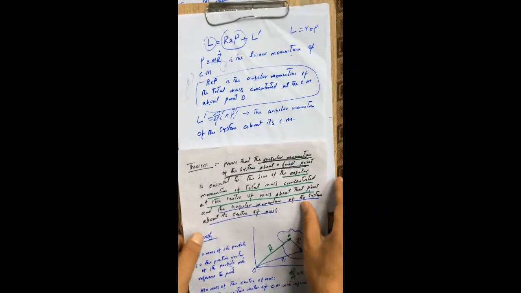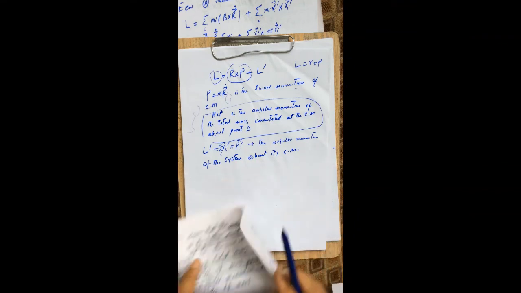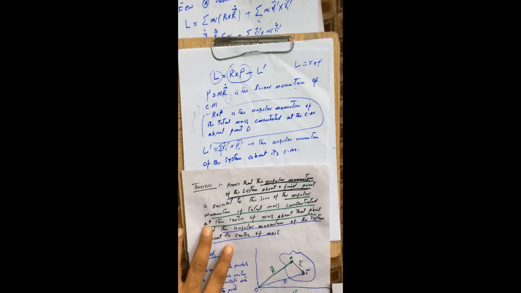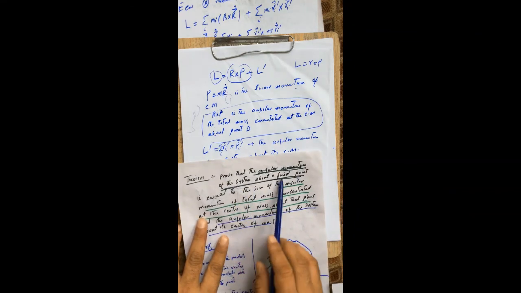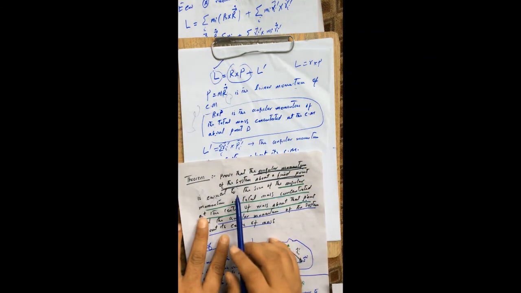So sorry, I will explain it again. So this is the proof of the theorem, because this theorem tells us that the total angular momentum, which is this one, is equal to the sum of two momenta.